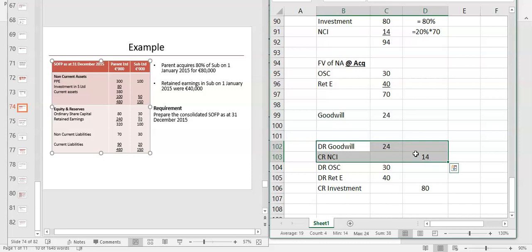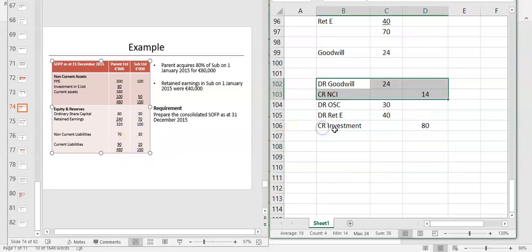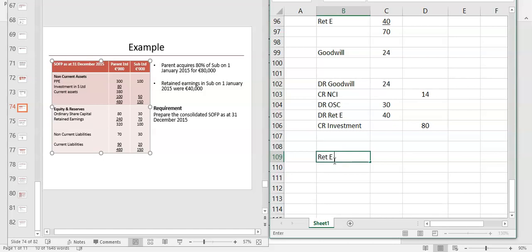So I want to draw your attention back now. What's going on with this 70? This retained earnings of the sub at the 31st of December is 70. That's made up of what we call pre-acquisition retained earnings, which are 40, and post-acquisition retained earnings, which are 30, because 70 minus 40 is 30.